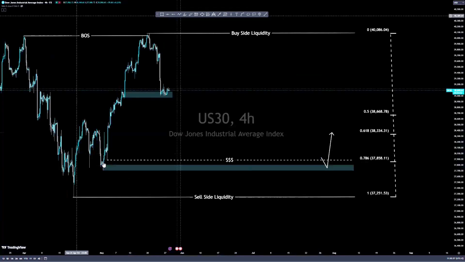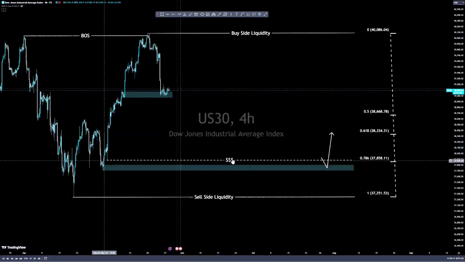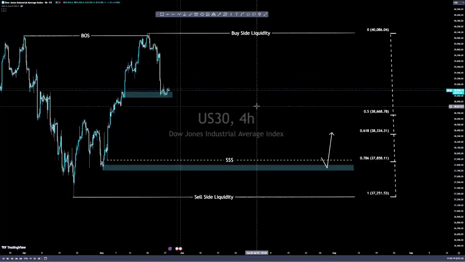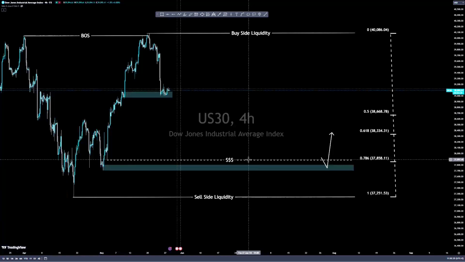I'm not fully disqualifying it, but the fact that there's still an imbalance below it and showing some sort of liquidity, I can't really put my faith in it. But if it does reach this level and shows signs of trend continuation, like certain patterns that it shows, right?